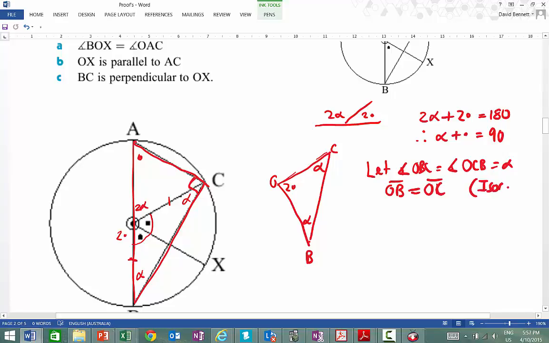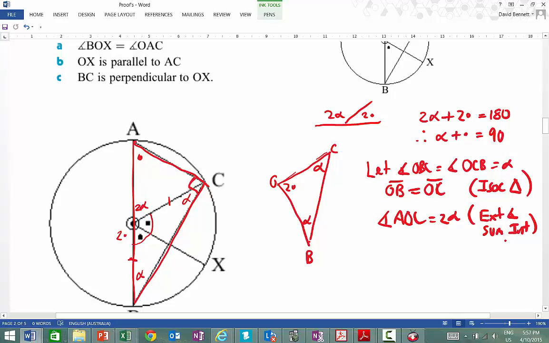Isosceles triangle. Okay. Then we know in the middle that we've got angle AOC equals 2 alpha. That's the external angle, sum of internal angles. Right, so that's what we know there.